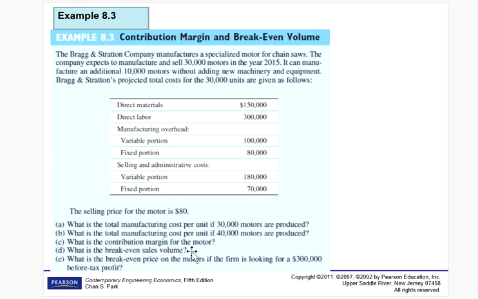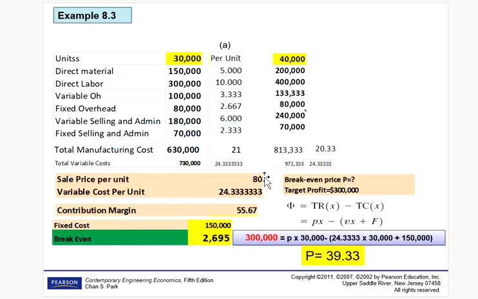Next is what is the contribution margin for the motor. What is contribution margin? It is P minus V, right? So if we know V, we can calculate. This is P, right? But V is given per unit, we can calculate. Now sales price is 80.